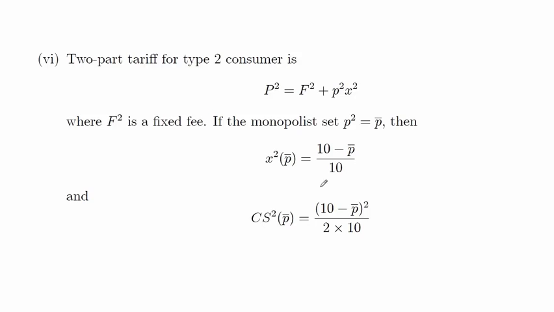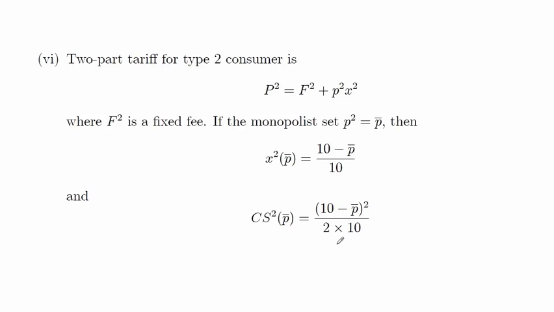And the consumer surplus of type 2 consumers is going to be one half of 10 minus P bar divided by 10 multiplied by 10 minus P bar. So what you get here is 10 minus P bar squared over 2 multiplied by 10.